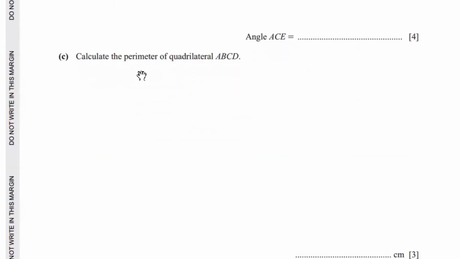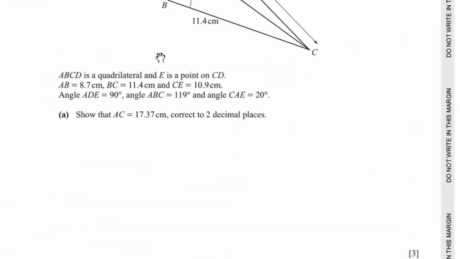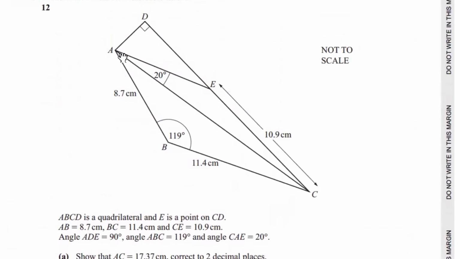And then it says calculate the perimeter of the quadrilateral ABCD. Okay, so the entire thing. So for the perimeter of this, we have to find these two lengths. So we know that this is 146.97. So we can find this.